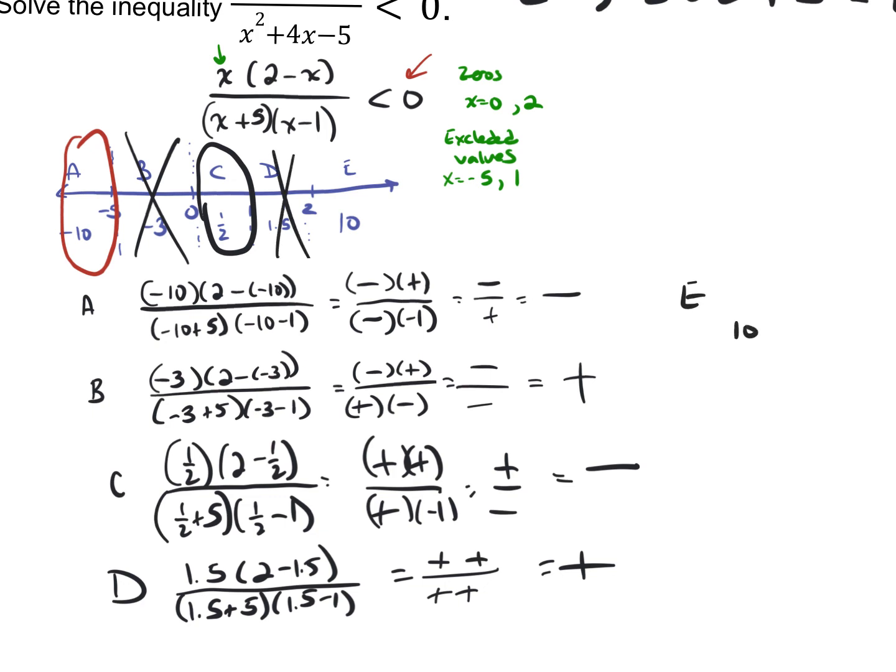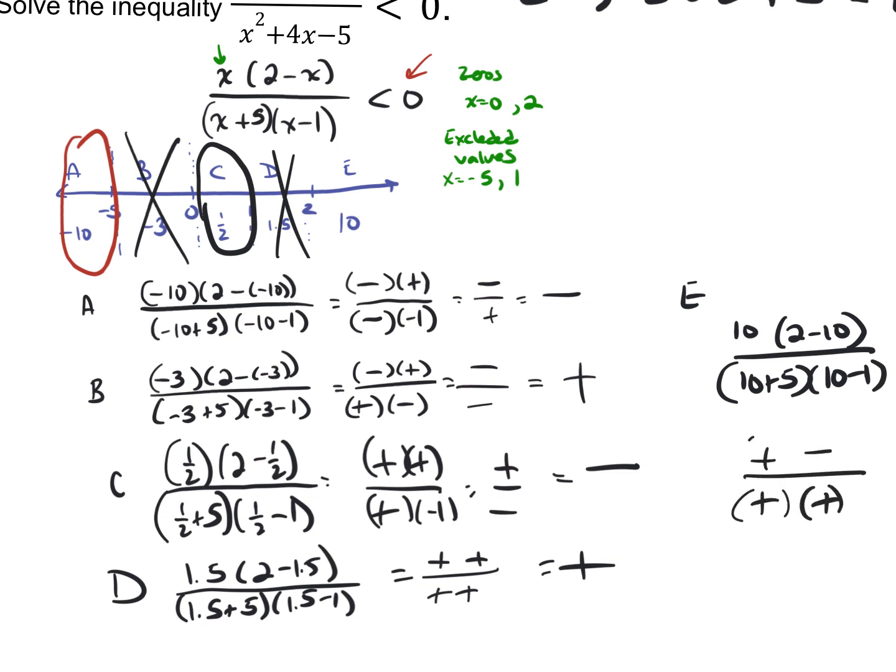So we have 10, because it's just x, 2 minus 10, which is going to be negative. And then we have 10 plus 5, and then 10 minus 1. So this is a positive, a negative, a positive, a positive. So it's a negative over a positive, which is a negative, which I want.